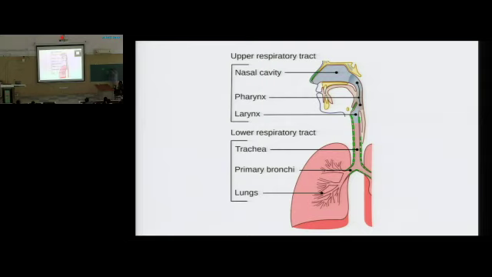So one lobe has many lobules. Understand? One lobe can have many lobules. Lobules have 3 to 5 terminal bronchioles, with the parts beyond the terminal bronchioles.